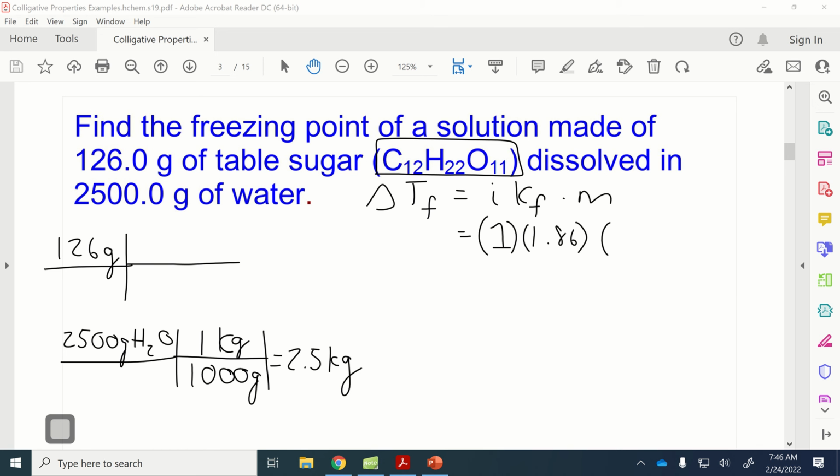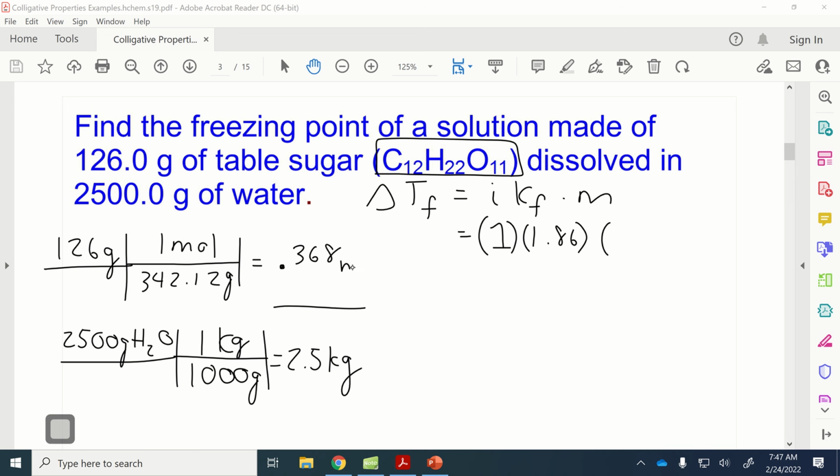Again, I'm doing this assuming you understand how to find your molar mass. This is 342.12 is 1 mole. 126 divided by 342.12. I get a mole value of 0.368.